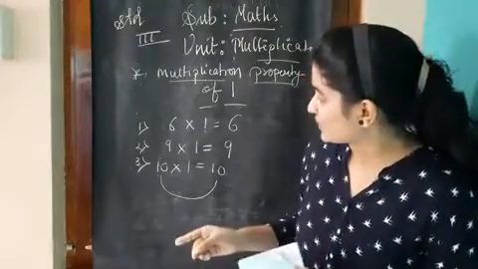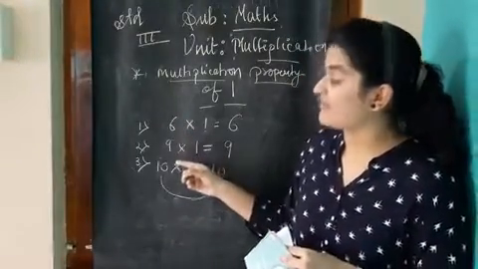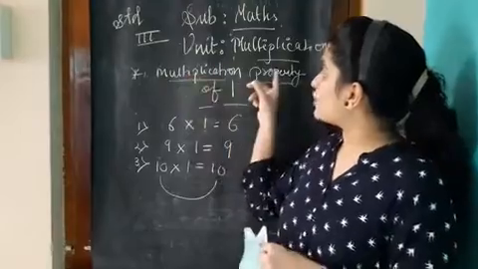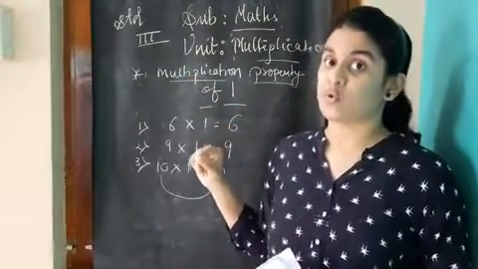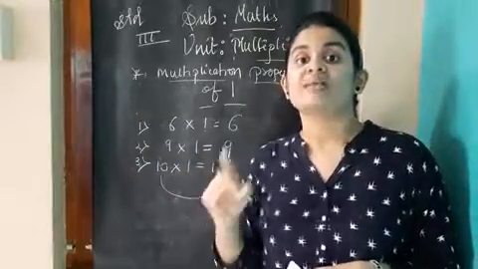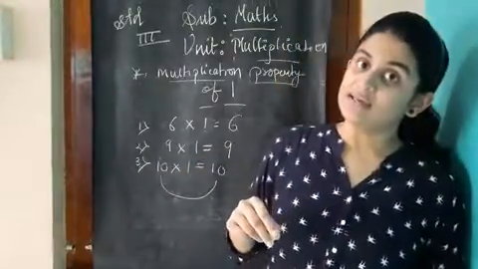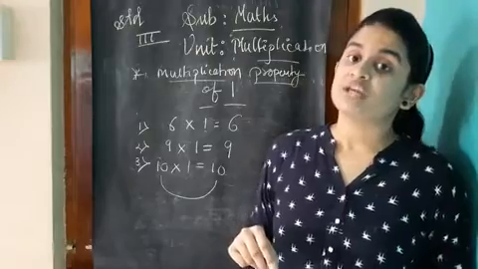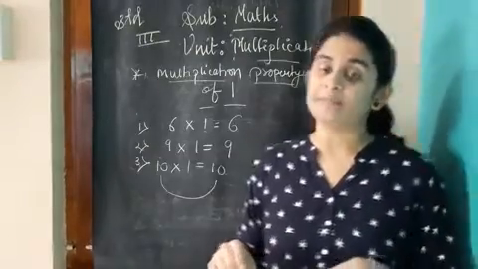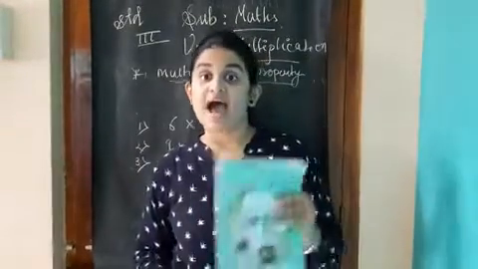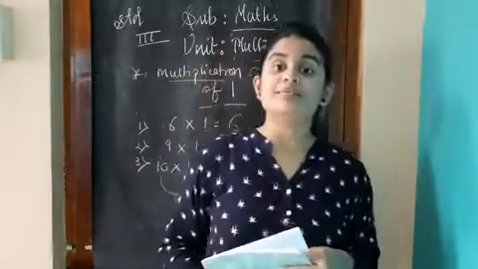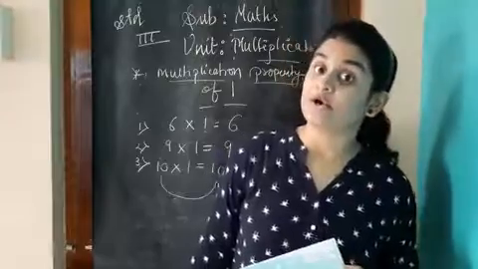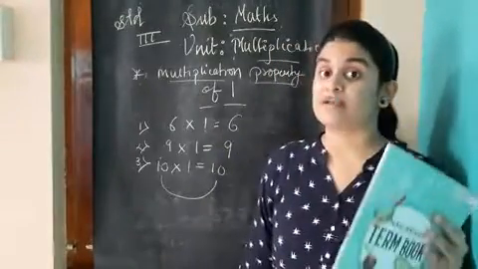So students, as you can see, these are some of our examples of multiplication property of 1. Now let us learn the second property. Can you tell me which is our second property? Yes, I have told you. The second property is multiplication property of 0.